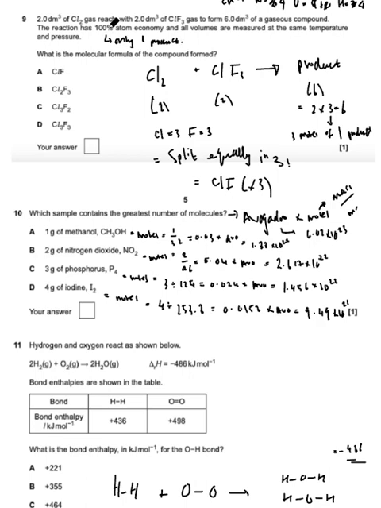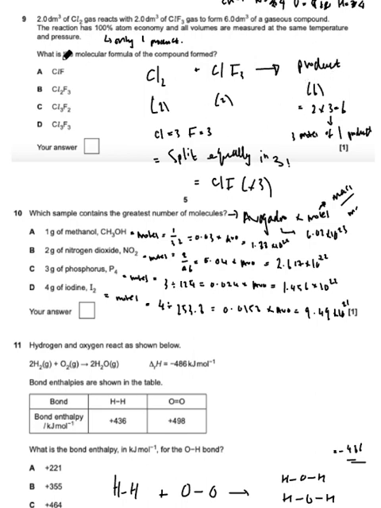Right. So when they say 100% atom economy, that means there's only one product being formed. And so let's write it down. We have Cl2, and we've got 2 decimeters cubed of that. We have ClF3, and we have 2 decimeters cubed. And we have one product that's being formed, and it tells us it's 6 decimeters cubed.